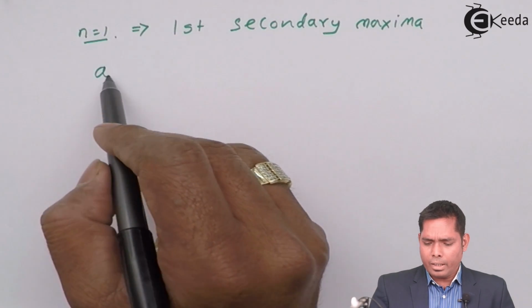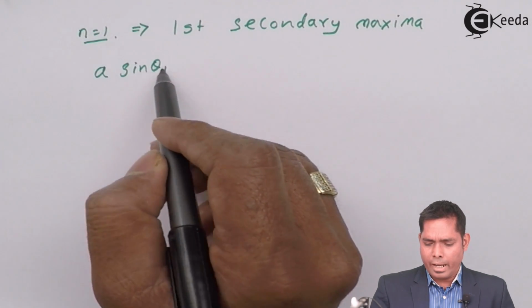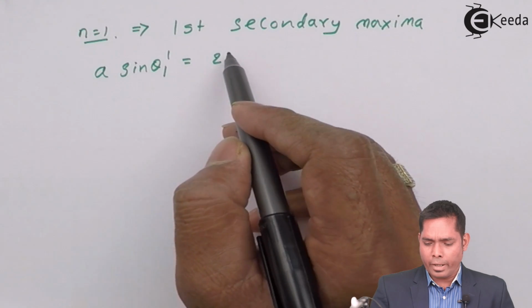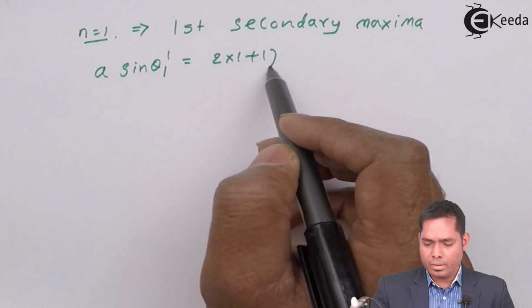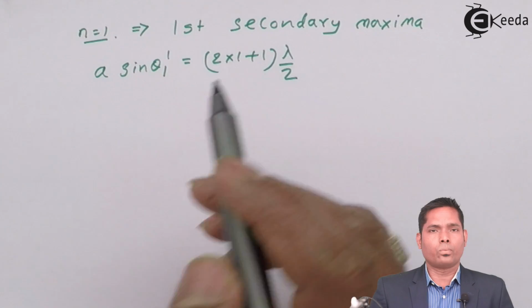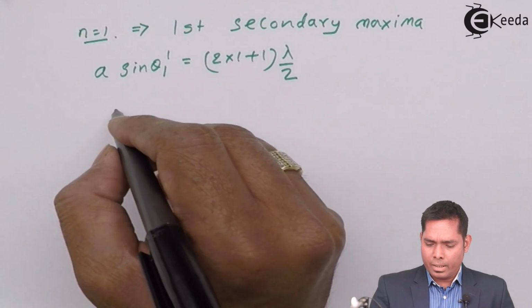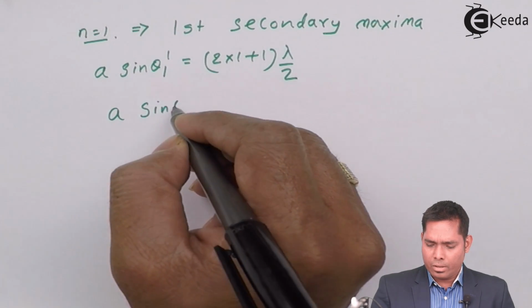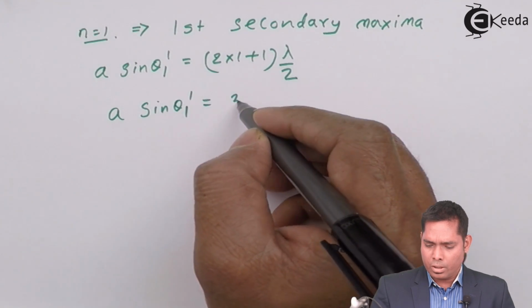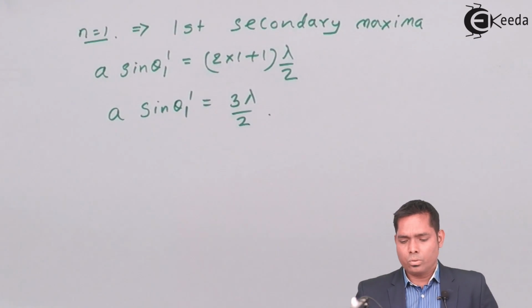So A sine theta 1 prime equals 2n plus 1, with n is 1, lambda by 2. From here A sine theta 1 prime equals 3 lambda by 2.